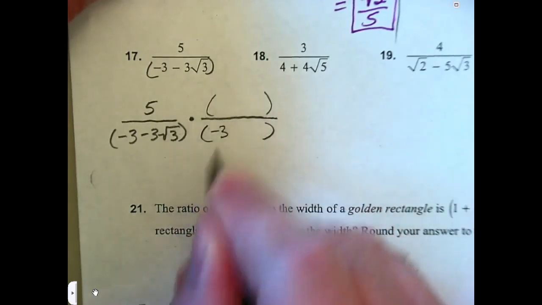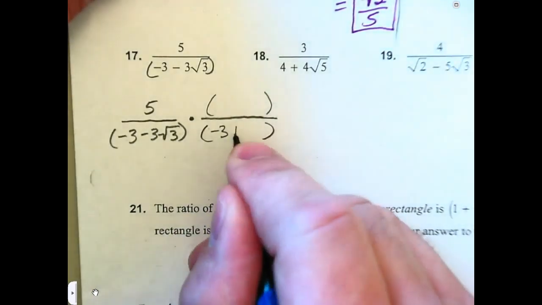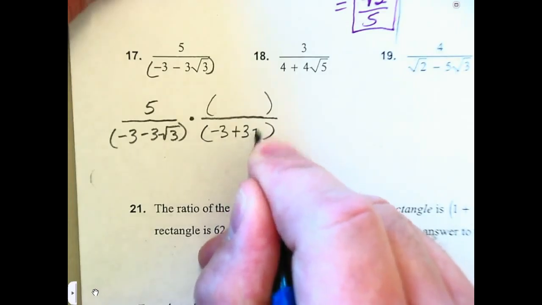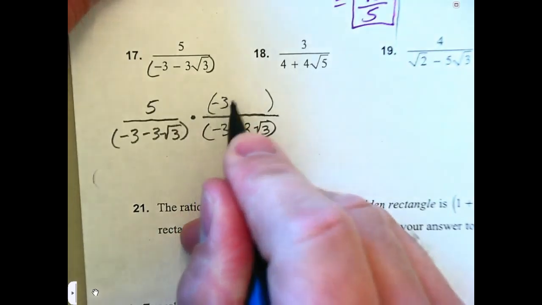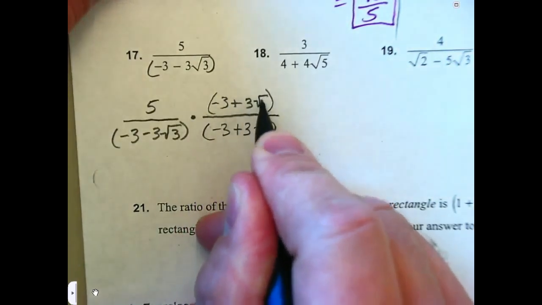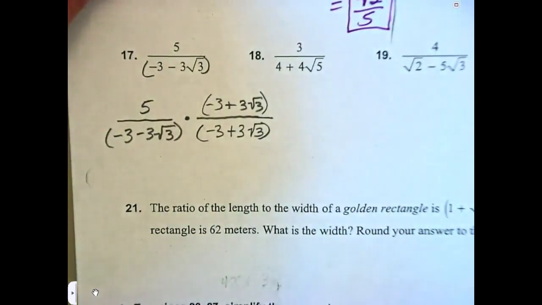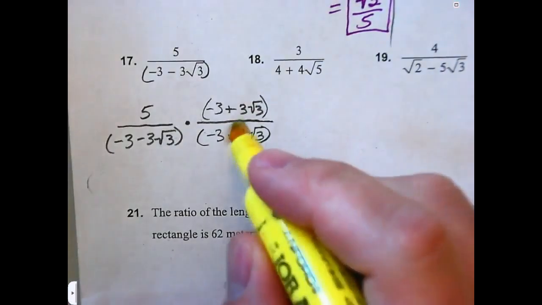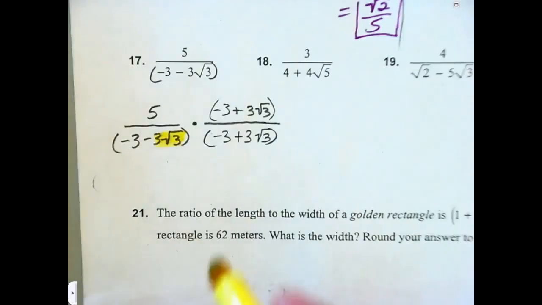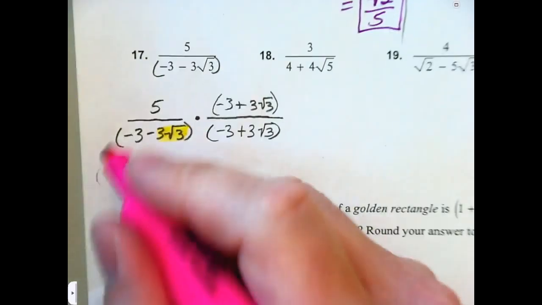Negative 3 plus 3 root 3. So when I'm looking at this, what I see is two different terms. I see this term, and I see this term.